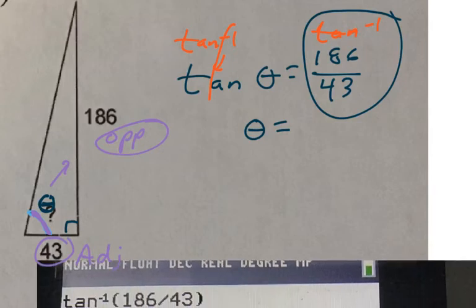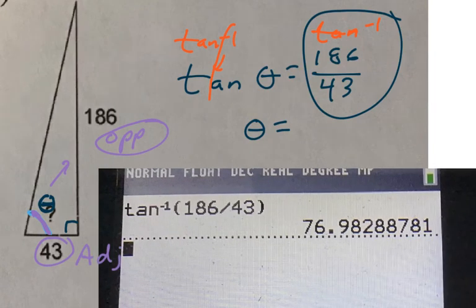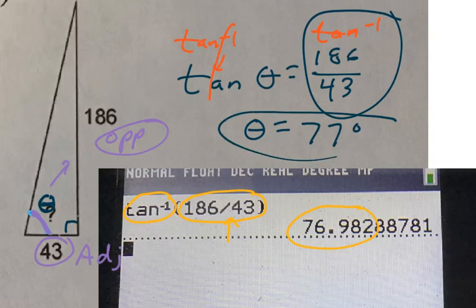You grab your calculator, and as you can see here, the tangent inverse of 186, remember, type it in as a fraction, like that. 186 over 43 is this right here. Rounding it off, we would say that's 77 degrees. So we just figured out that that angle right there is 77 degrees.